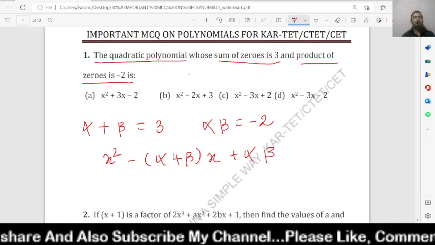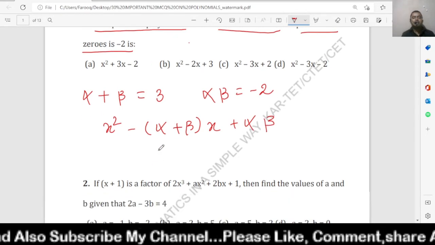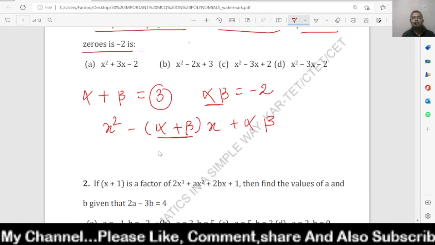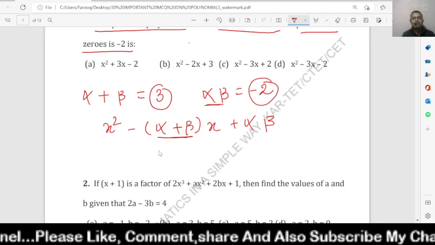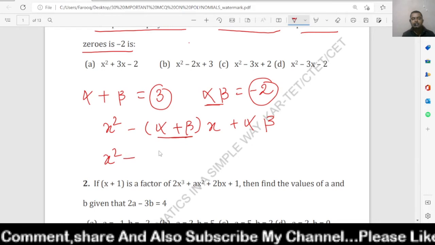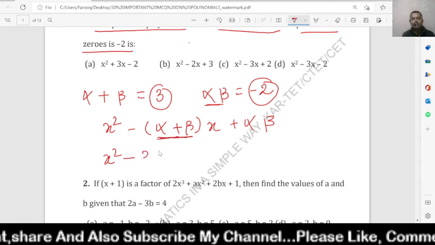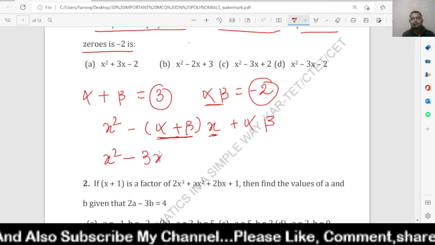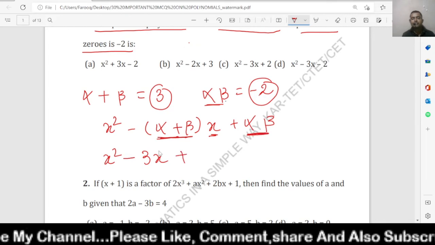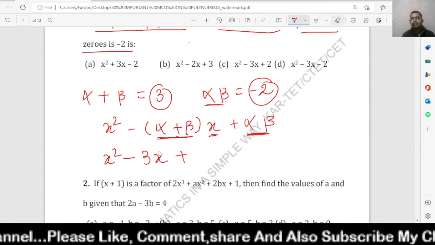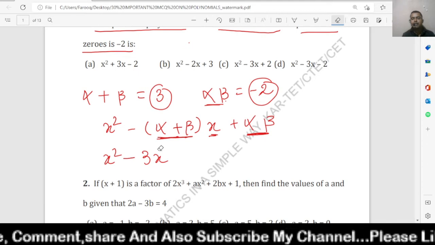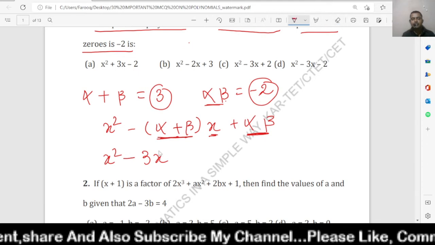Here alpha plus beta is 3, and alpha into beta is -2. Replacing, we get x square minus 3x, and plus into minus is minus, that is -2.